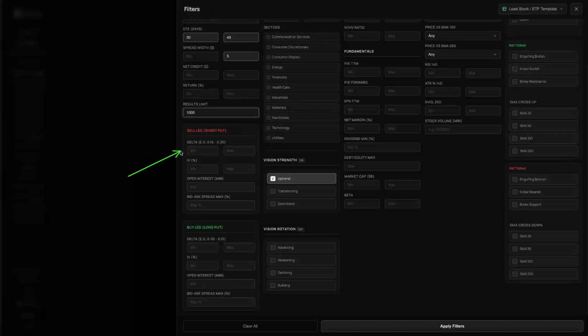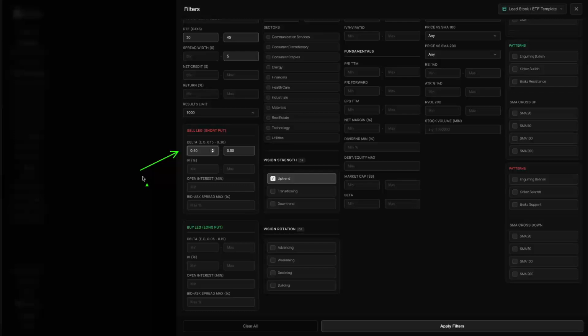In this case, I will select delta, and I can choose a certain spread or have it search almost at the money or slightly out of the money. As you can see here, I selected for the put sale to be between delta 0.40 and delta 0.50. This is at the money or slightly out of the money.